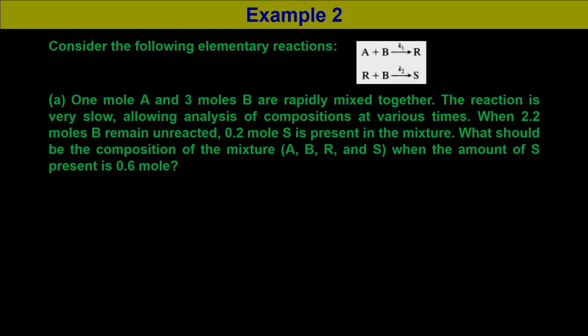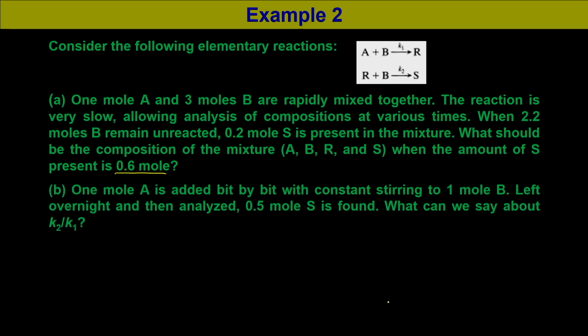The reaction is very slow, allowing analysis of the composition at various times. When 2.2 moles of B remain unreacted, 0.2 moles of S is present in the mixture. What should be the composition of the mixture A, B, R and S when the amount of S present is 0.6 mole?